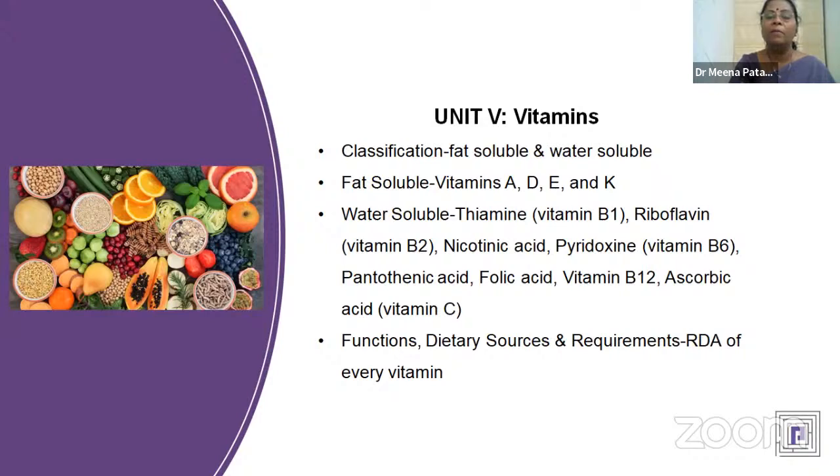And there are certain vitamins which do not need fat and they are soluble in water, so they are called water-soluble vitamins. Now, among fat-soluble vitamins, you should never forget these four: vitamin A, D, E, and K. You will study specifically the functions of all these vitamins.